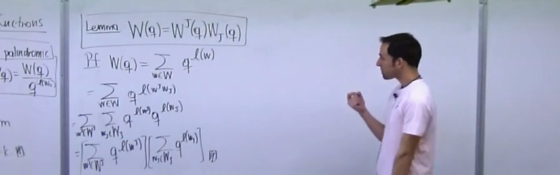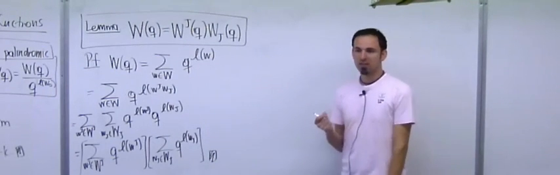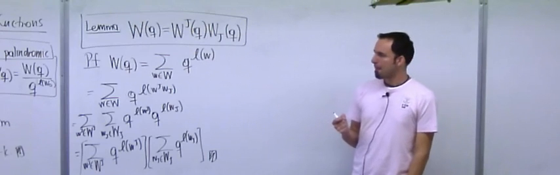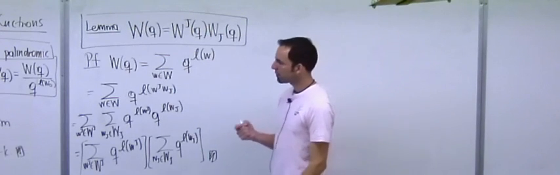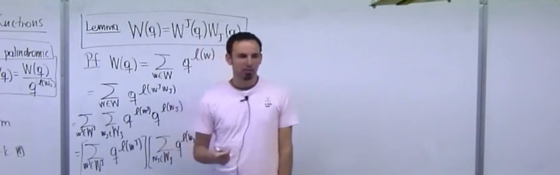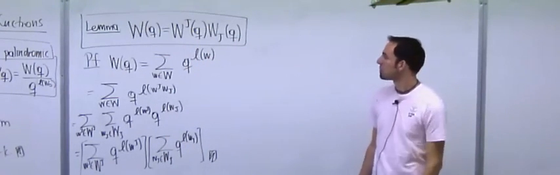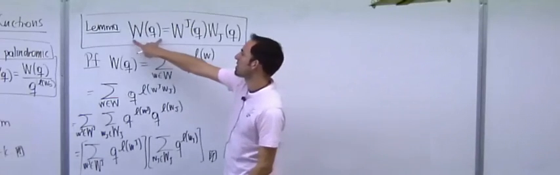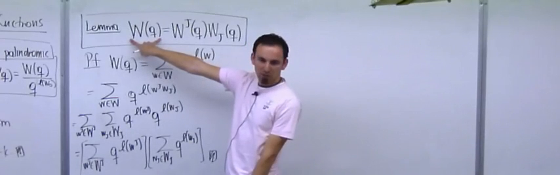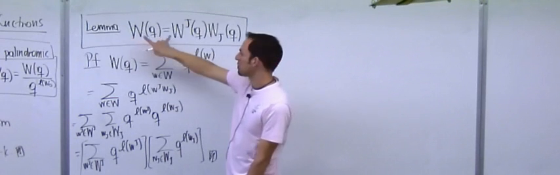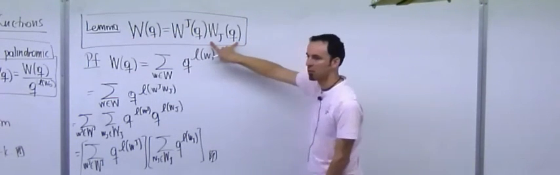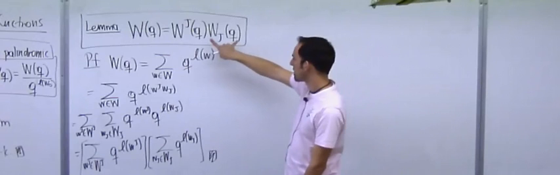Now, why is it that this lemma is so powerful? Because my goal for today is to compute this series W of Q, right? The Poincare series of a Coxeter group. Now this is telling me that I can compute the Poincare series of my Coxeter group if I'm able to compute these two things. Now what is this thing on the right?